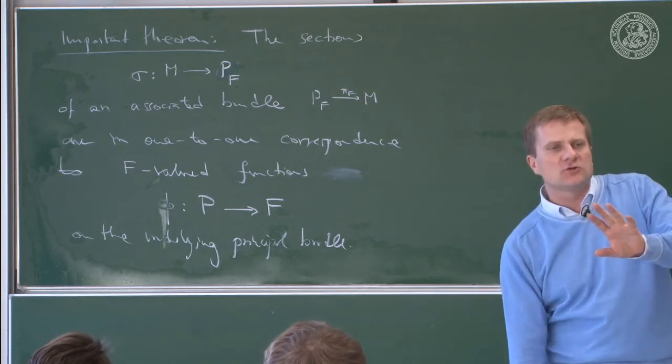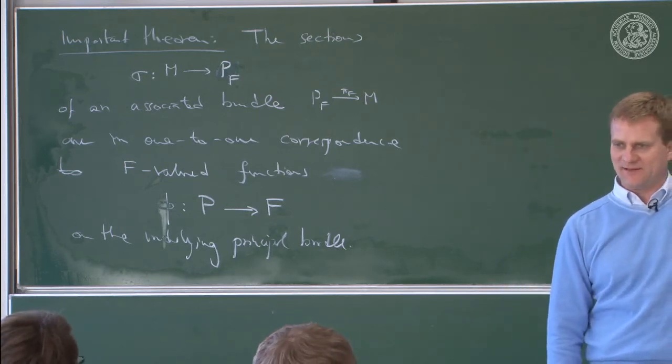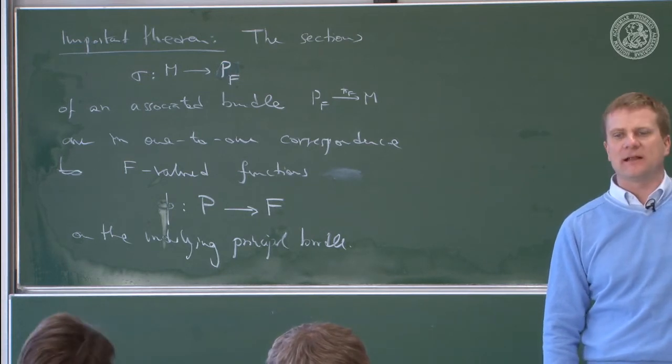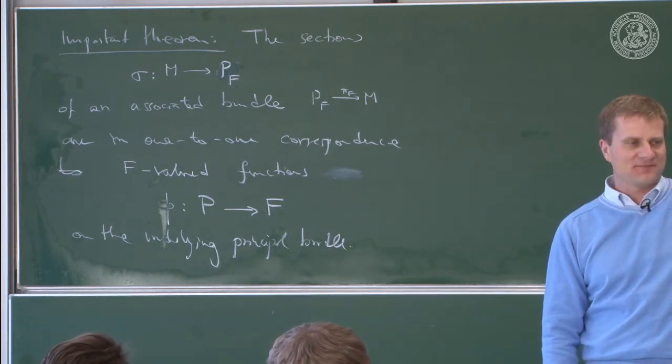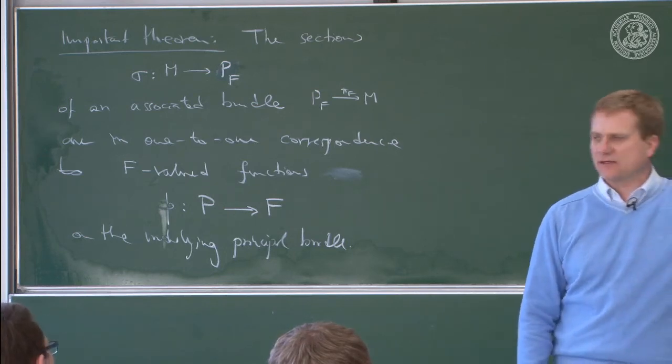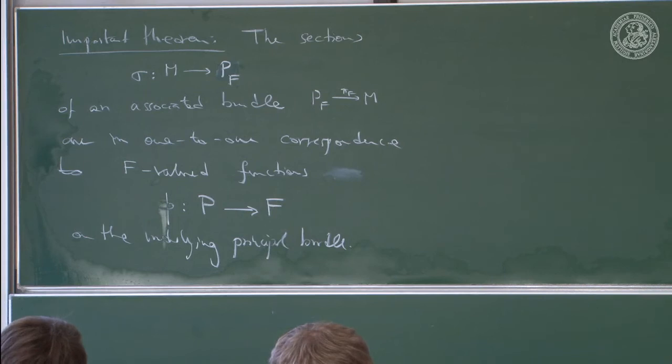But if we go to the principal bundle, and we attach to every point of the principal bundle an F, a vector, such a function directly translates to a section of the associated bundle.